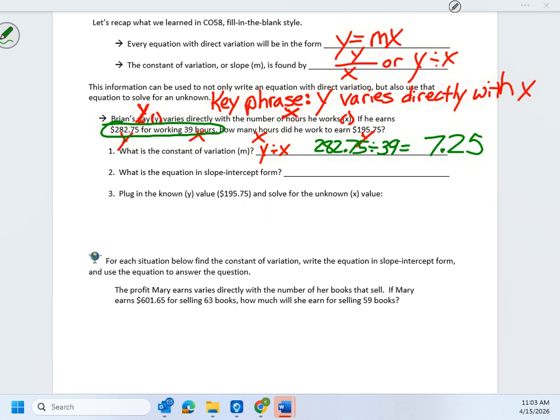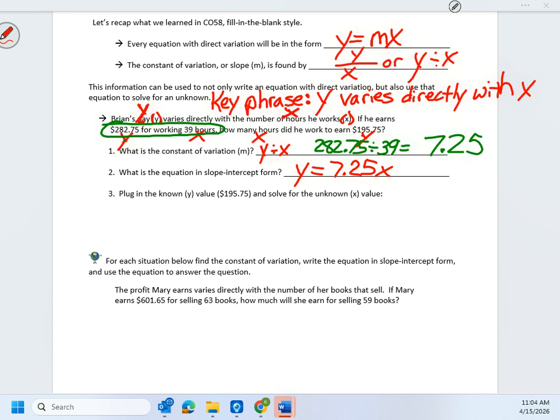Now it says, what is the equation in slope-intercept form? So what would my equation be in slope-intercept form? Henry? Y equals 7.25x. Does that make sense? Yeah. Now, I'm going to answer the question.